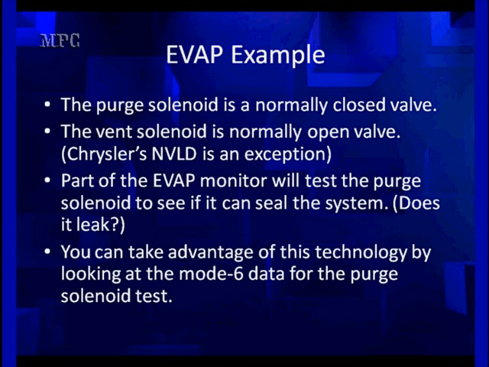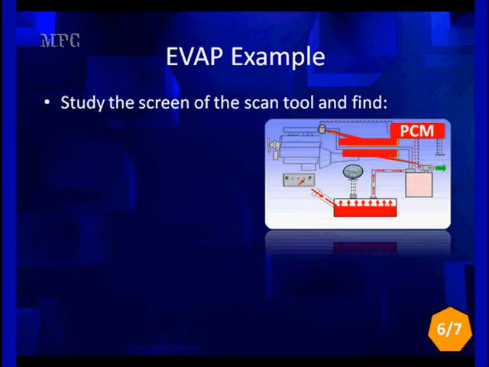The vent solenoid is normally open, with the exception of Chrysler's natural vacuum leak detection, which we'll talk about much later. Part of the EVAP monitor will test the purge solenoid to see if it can seal the system, looking to see if it can leak. You can take advantage of this technology by looking at the Mode 6 data for the purge solenoid test and the other information in here, to see if there are pending problems or if it has passed easily.